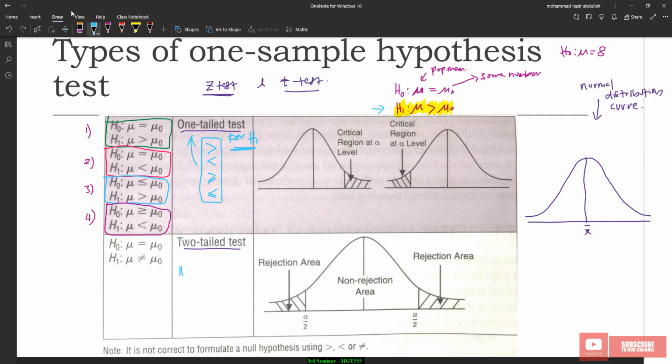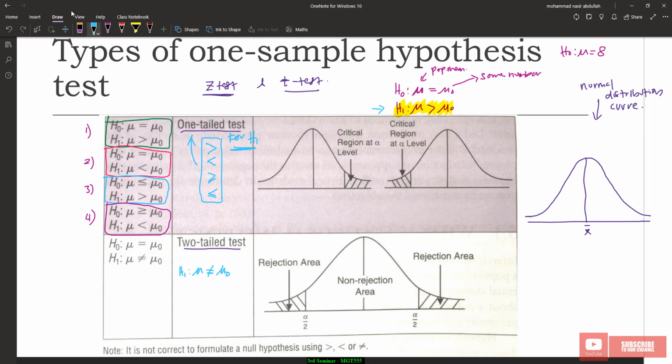Kalau alternate hypothesis is other than, or not equal to mu naught, this is what we call as two-tail test.